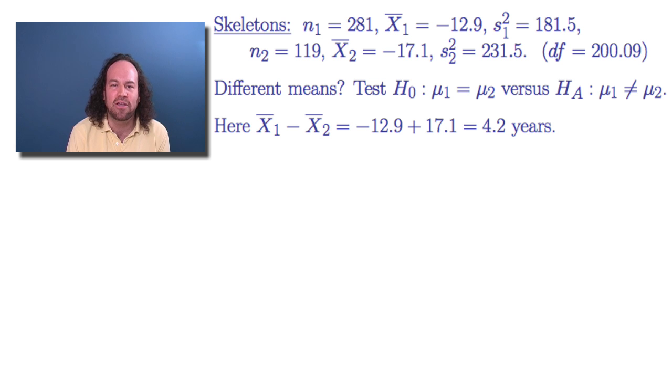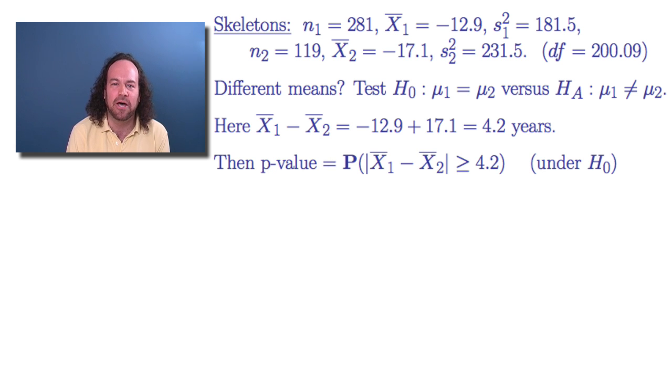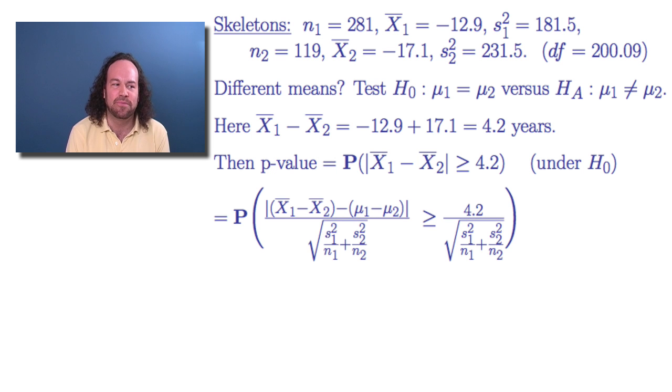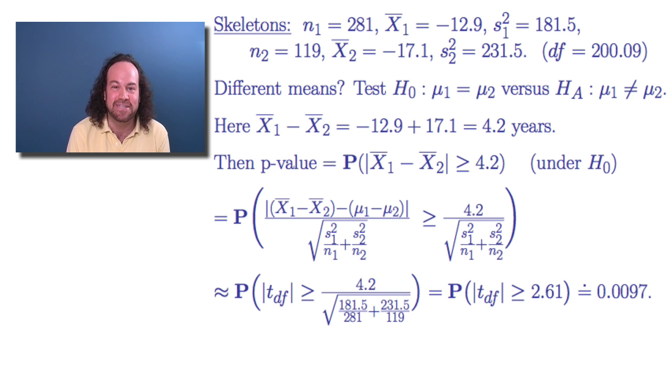Well, now we know how to compute a p-value. We'll say the p-value should be the probability that we would observe a difference in the sample means which is at least as big as 4.2 years under the null hypothesis. So we do our old trick of subtracting off the mean, although in this case, mu1 minus mu2 is actually 0, but we can think of subtracting it off and then dividing by the square root of the sample variance again. And we do that to both sides. And then we say, well, the left-hand side is approximately the absolute value of a t-distribution with that number of degrees of freedom, just over 200.